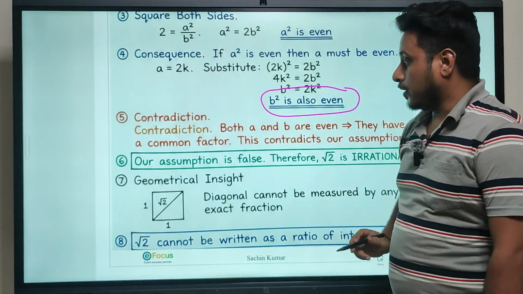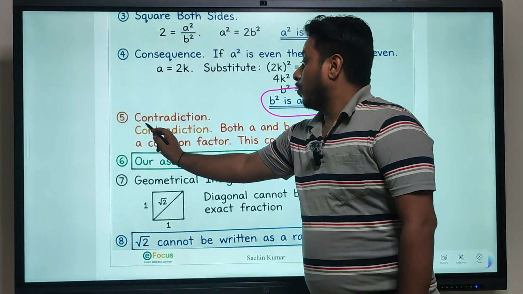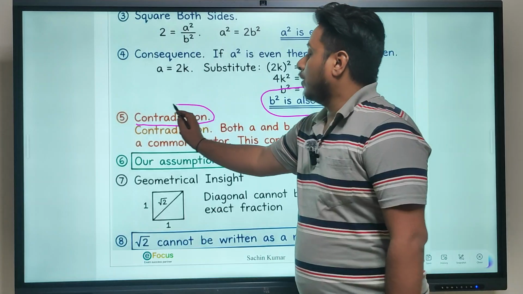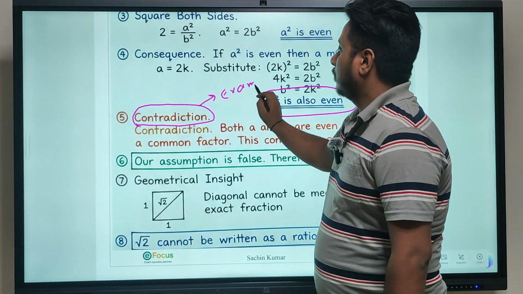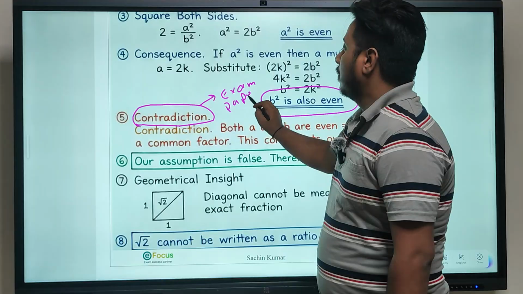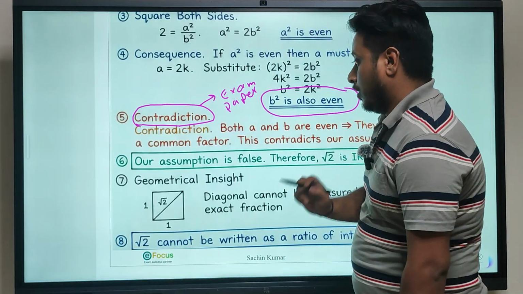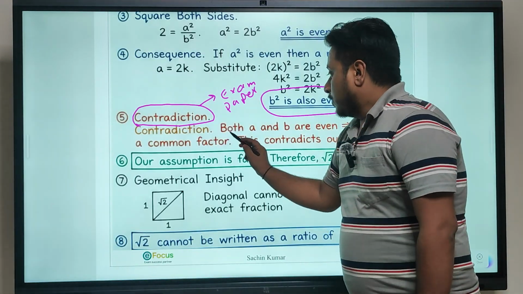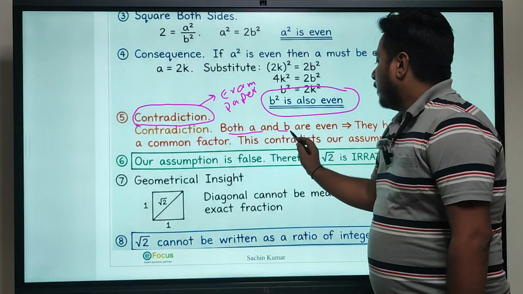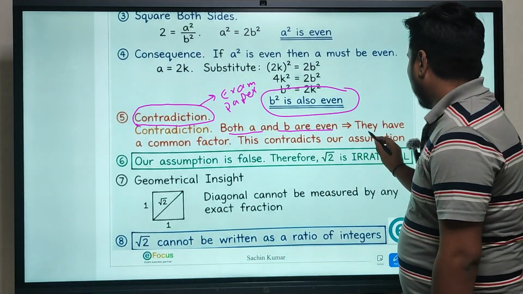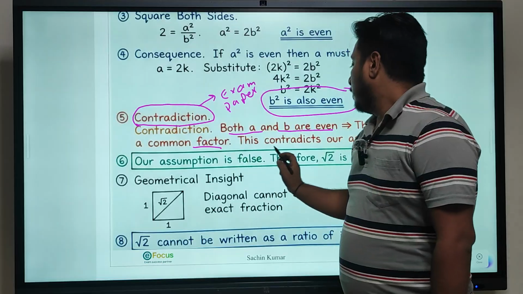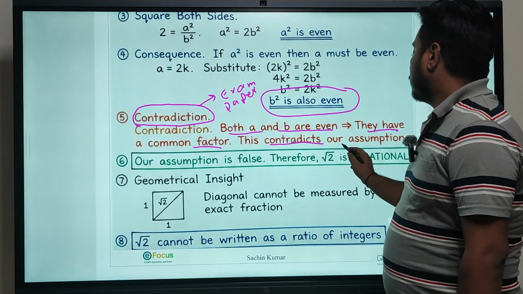Now, because of the contradiction, this word is very important to write in the exam paper while solving this question. Because of the contradiction, we see both a and b are even. That means they have a common factor. This contradicts our assumption.